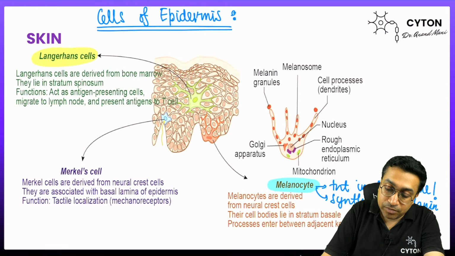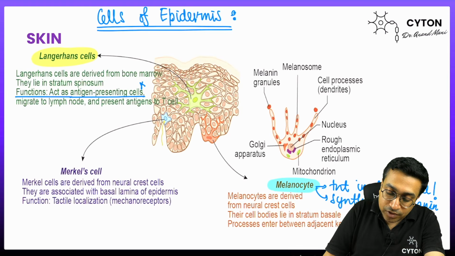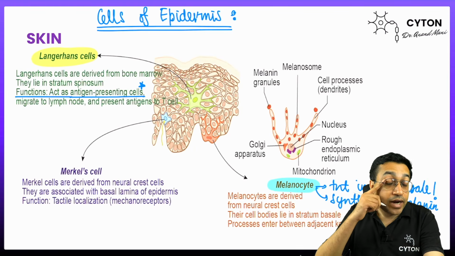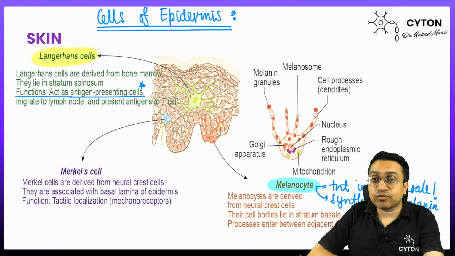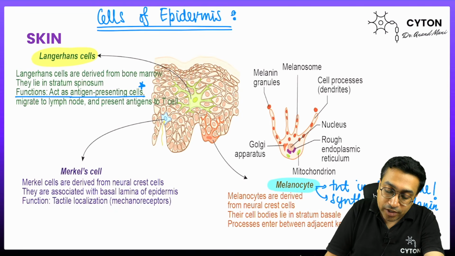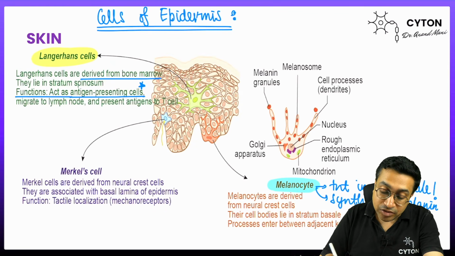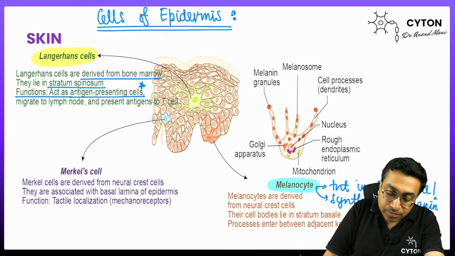Please remember, they arise from the lymphoid precursor cells of the bone marrow, and they are lying in the stratum spinosum.